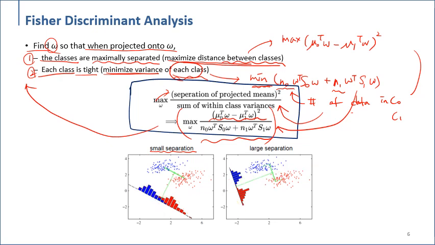Also within the class, this data is mostly spread out, but in this case, the data are well tightened. So from that, we can say this case is the better separation, and this omega is the good line.